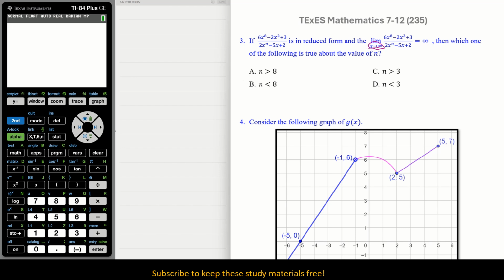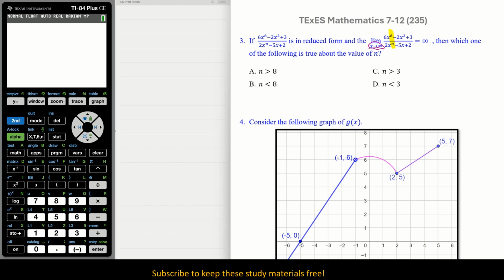If these exponents in the leading term, leading exponents, I say, if they're equal, then we use the value that we have in our coefficients.